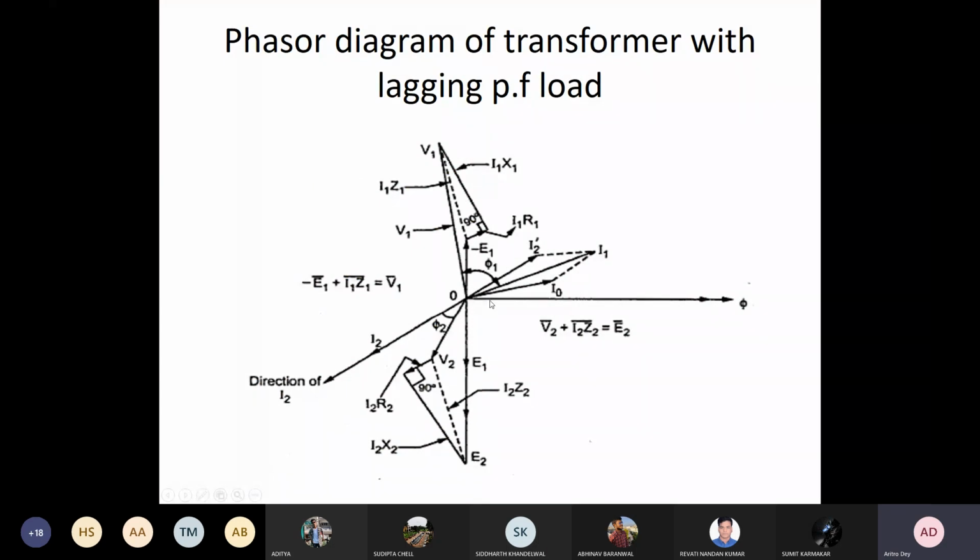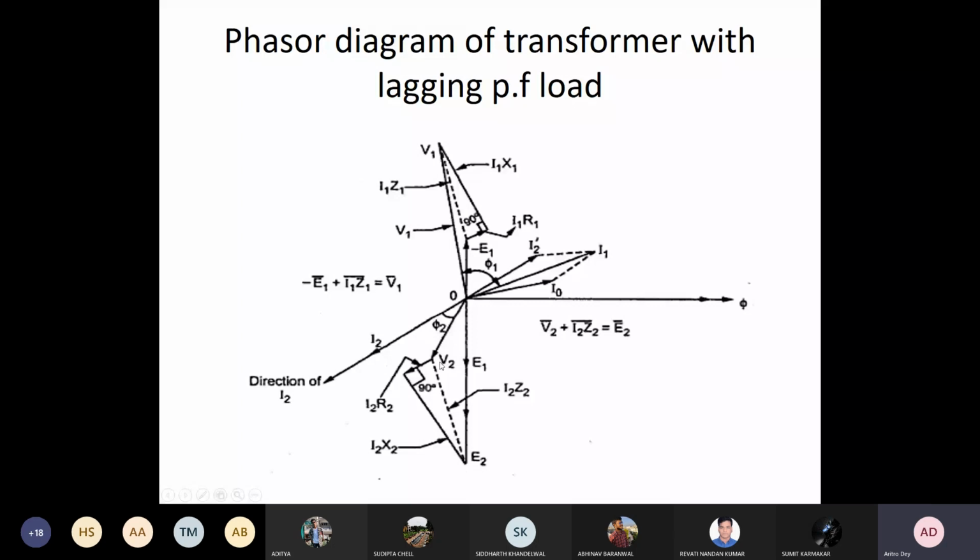So this is your V2, which you get from your secondary. Whether you want it on the high voltage side or low voltage side depends on which appliance you are connecting with the transformer. You energize the primary side, and on the secondary side you get this V2 voltage and this I2 current, lagging.